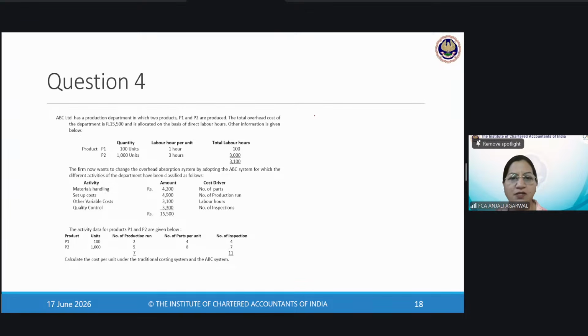Under ABC costing, what happens is the first thing is we find out what is the cost. So you find out that what is the cost that you have incurred on a particular activity. And then you find out what is the cost driver for that activity. That means what is instigating that cost to be incurred.